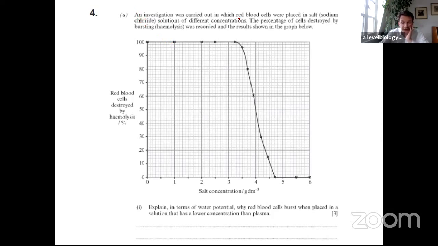Investigation was carried out in which red blood cells were placed in a salt solution of different concentrations. Percentage of the cells destroyed by bursting. So we did lots of experiments here. The independent variable is salt concentration. The dependent variable is the percentage of cells destroyed by hemolysis. When you put them into distilled water, they all burst.